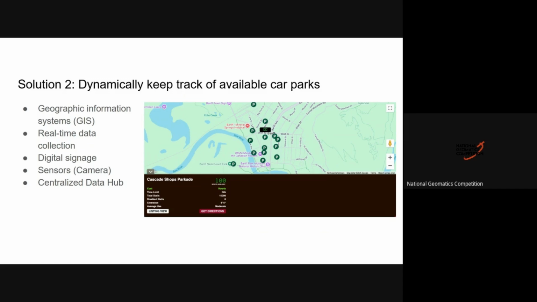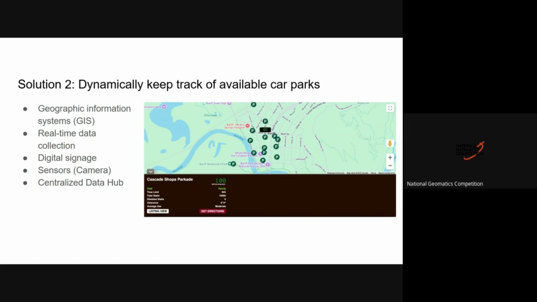Implementing this system would involve collecting geospatial data such as the location of parking spaces, which are already available on banffparking.ca. Also add sensors and cameras that could detect, using AI, if a parking spot is occupied or available, and then transmitting this real-time data to a server.